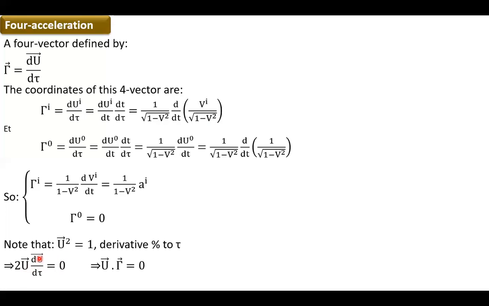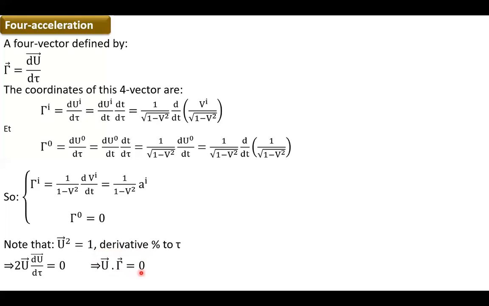So 2u times du over d tau is equal to 0. du over d tau is gamma, the 4 acceleration. So removing your number 2, you get u times gamma is equal to 0. So the product of the 4 velocity times the 4 acceleration is always equal to 0.